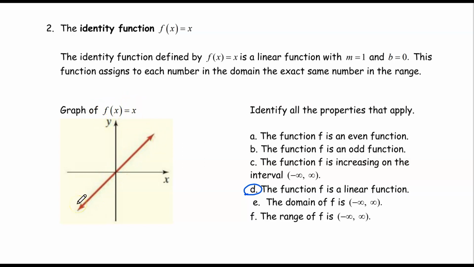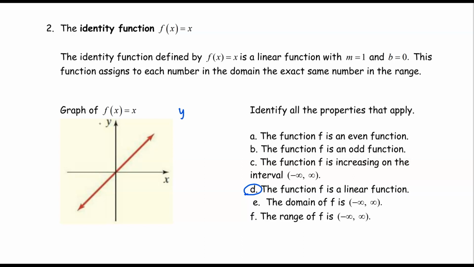Now let's identify all the properties that apply here. So again, first it is a linear function. Now is this function odd or even or neither? This function here is an odd function. It is an odd function if when you replace x, the equation becomes negative of f of x.